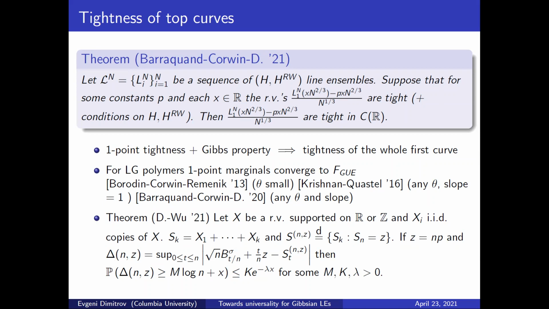The way that this type of result is useful for establishing tightness, and I'm not going to assume that people know anything about proving tightness for line ensembles, but at some point when you're dealing with random functions and you want to show that they're tight, you need to get some control on the modulus of continuity of these curves. This type of statement becomes indispensable because underlying these line ensembles, typically we have some random walker that, using this theorem, we can very well compare to a Brownian bridge.